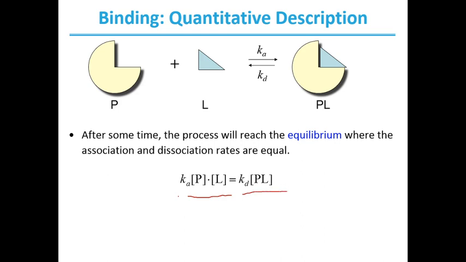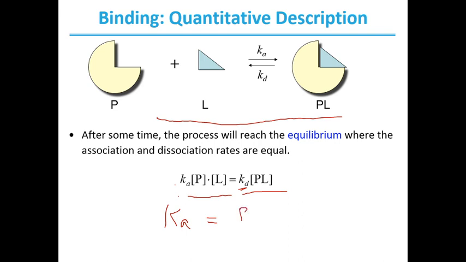Now, there's another way one can look at it. Look at the equilibrium constant, big Ka. Remember, this is small ka and small kd. Big Ka is the equilibrium constant that dictates this reaction or this interaction.